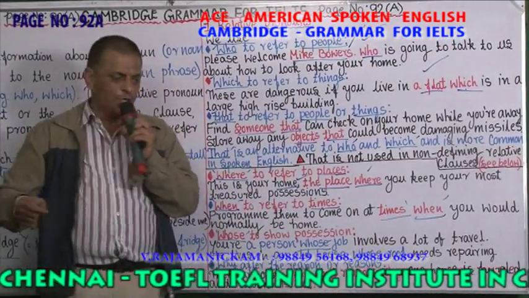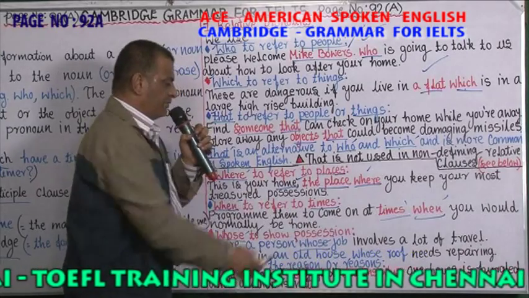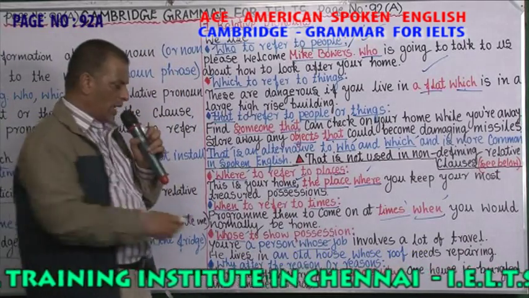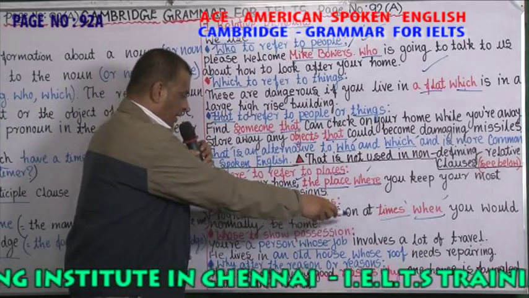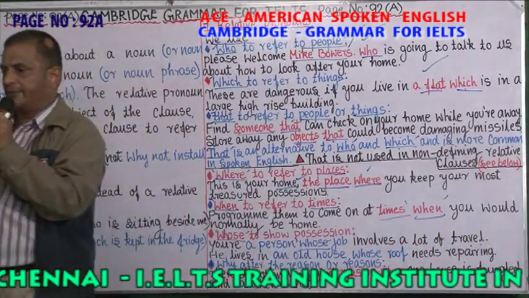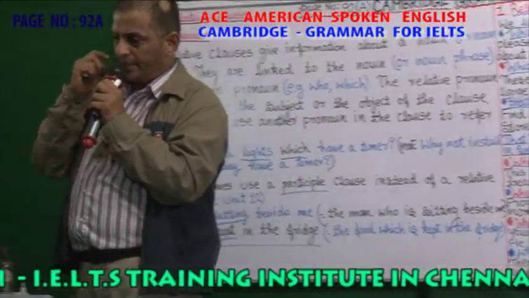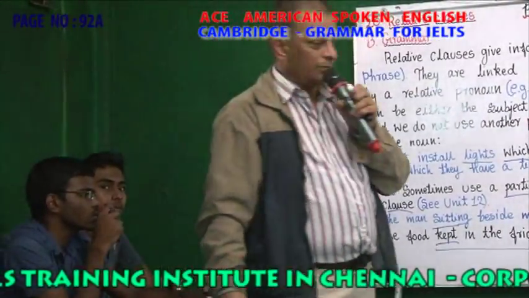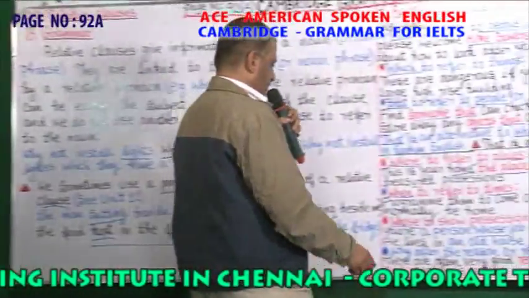You are a person that job involves a lot of travel, no meaning. You are a person whose job involves a lot of travel. So who stands for what type of possession? Anybody? Mr. Dhanush, this who stands for? Whose?